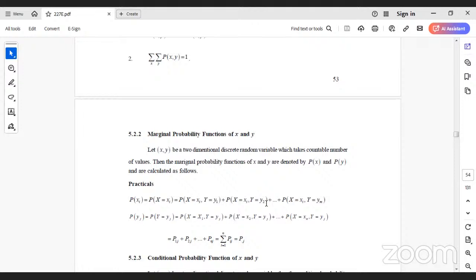That is, p(xi) is equal to P(X = xi), which is P(X = xi and Y = y1), then X = xi and Y = y2, then X = xi and Y = y3, then X = xi and Y = y4, up to X = xi and Y = ym. I already told you y1, y2, y3, y4, up to ym.